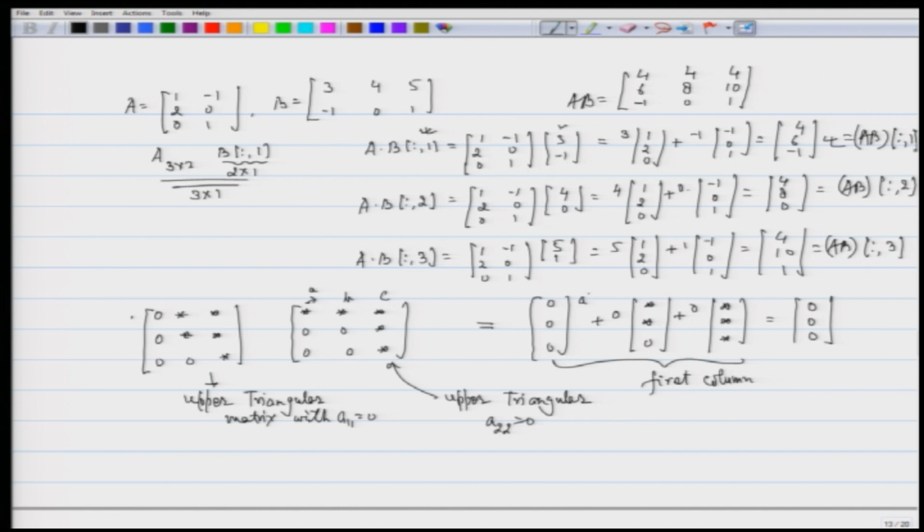All right. Similarly, so here I looked at this times the whole matrix.